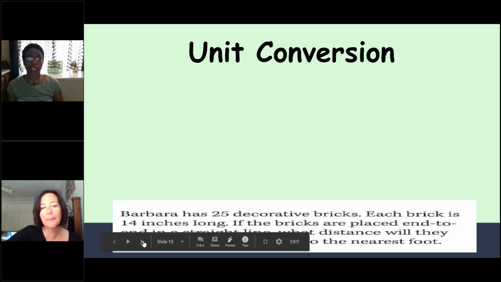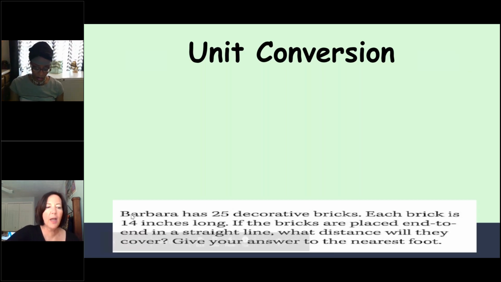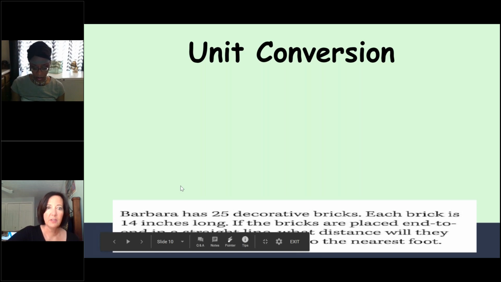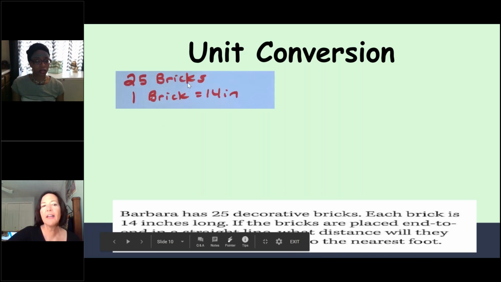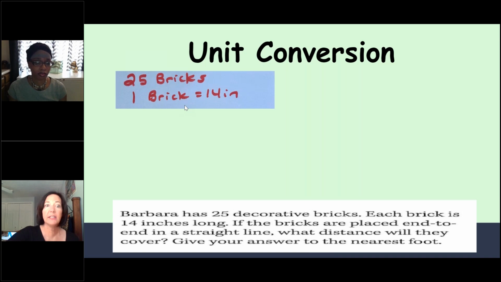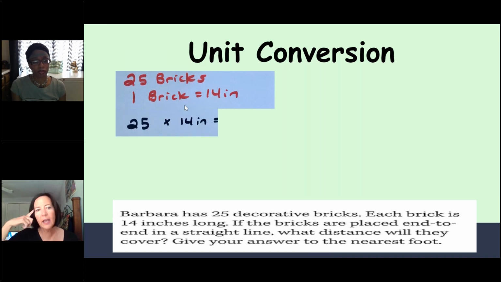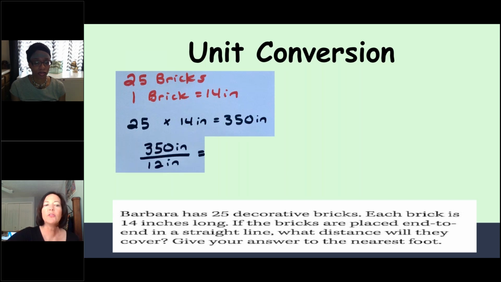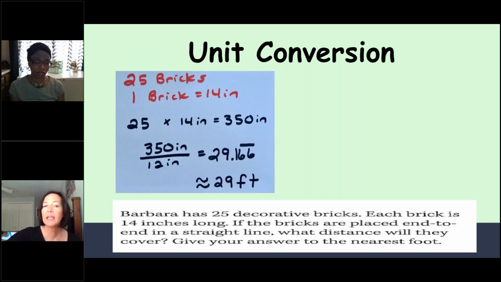Yeah, perfect. Absolutely perfect. Okay, so the way I did it, we had 25 bricks and 14 inches, and you could reason it out: I'm going to have 25 sets of 14 inches. That's going to be 350 inches. You know that there's 12 inches in 1 foot, so we're going to divide by 12 to come up with 29.16 repeating.